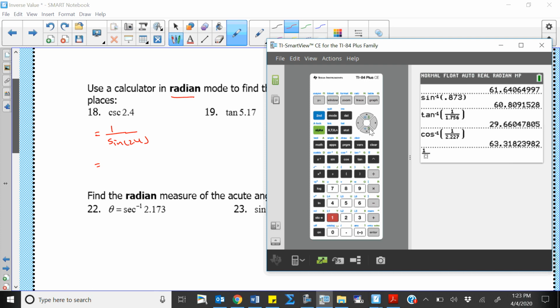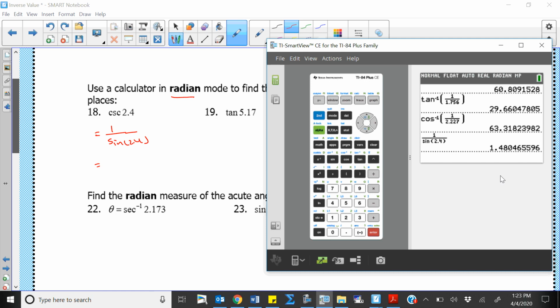1 over sine of 2.4. And that's the answer. You can round it and write your answer. Tangent of 5.17. This one is easy. Tangent of 5.17.